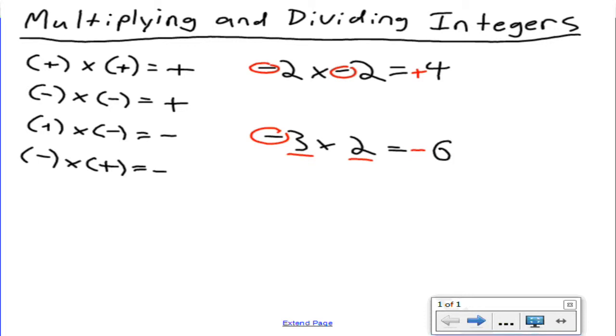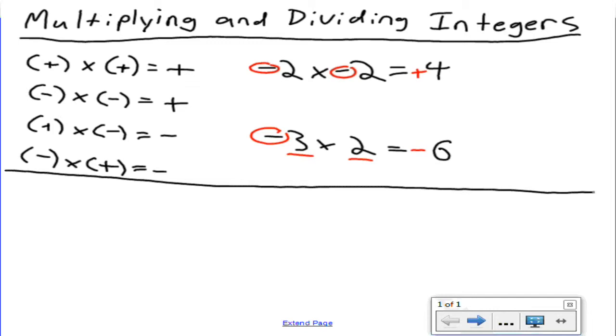Okay? And these rules also apply with division. Okay? A positive divided by a positive gives you a positive.